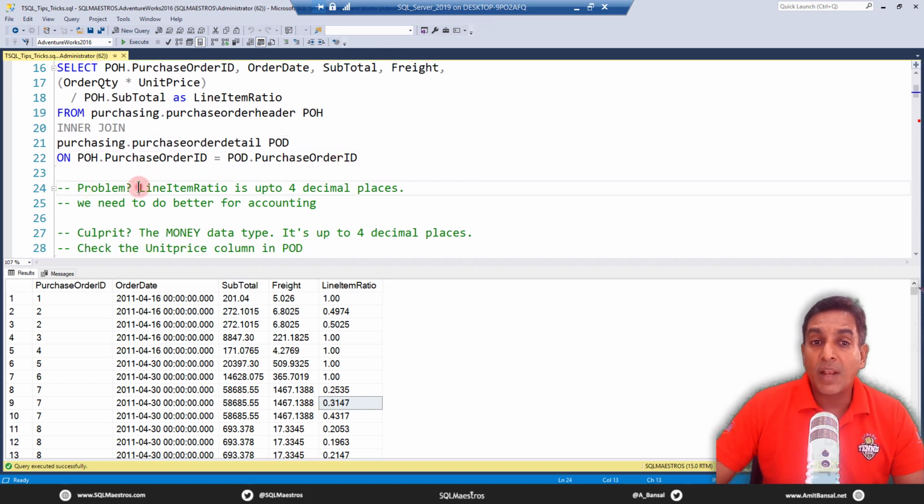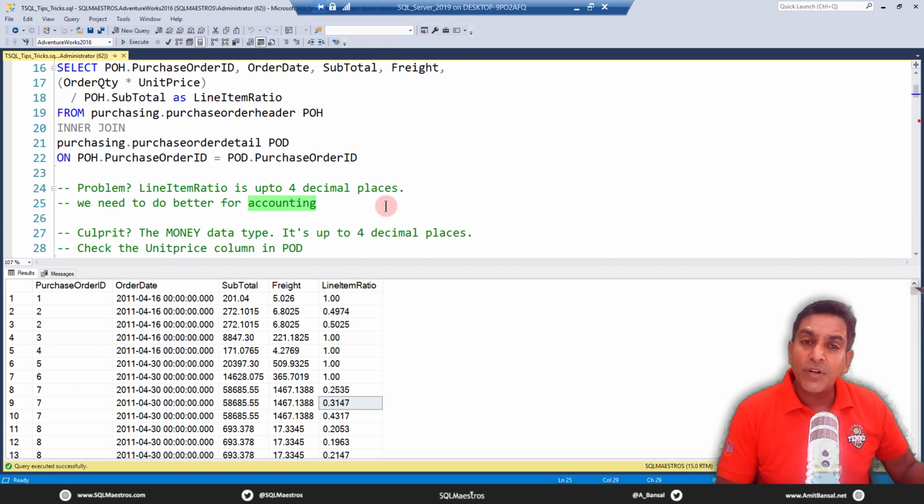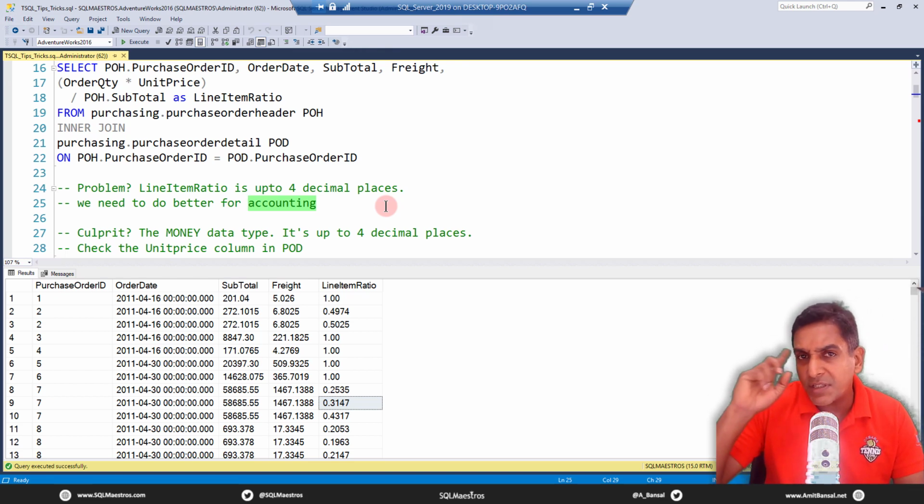So what is the problem? Line item ratio is up to 4 decimal places and we need to do better for accounting. The reason I use the term accounting here is that when you're dealing with a few hundred records and you are rounding off to 4 decimal places, it is all good. But just think about it.